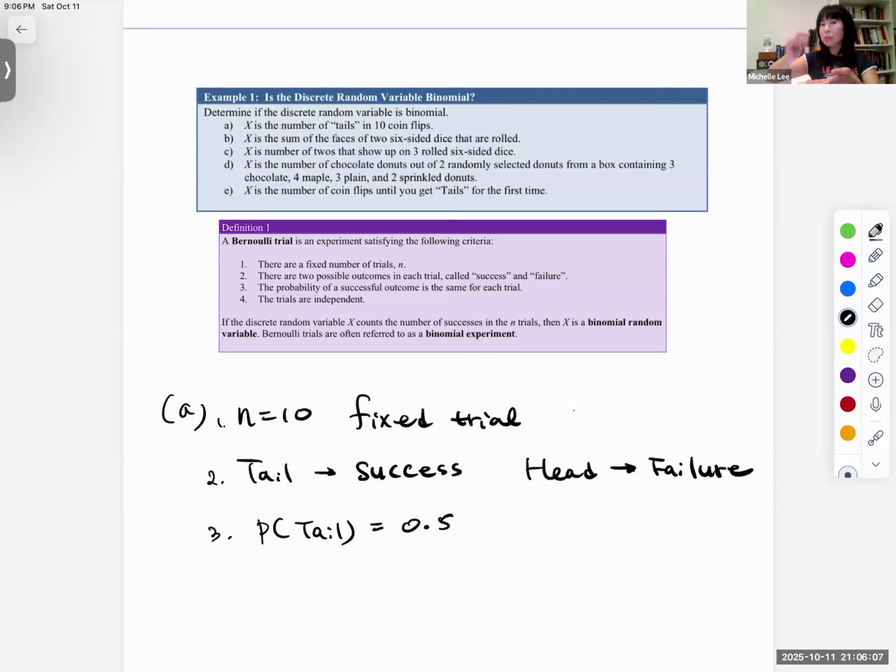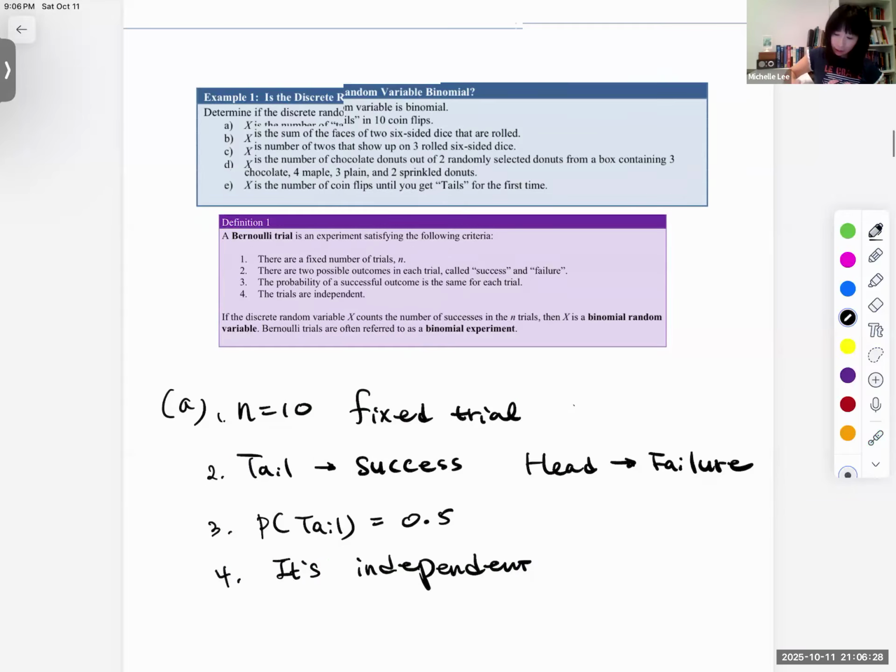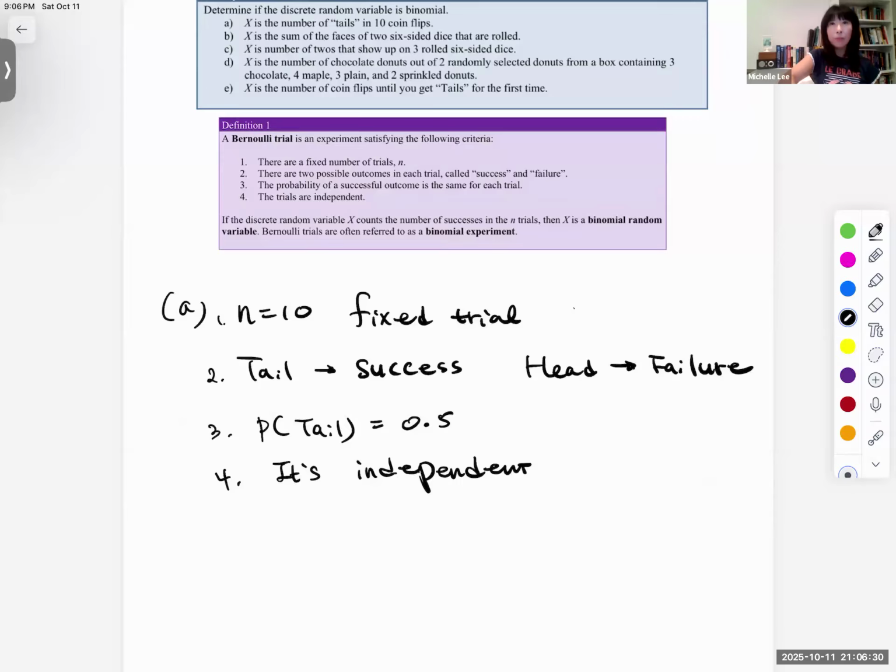Or the second outcome does not affect the third one, right? So number 4, it's independent. So everything is satisfied, Bernoulli trial. Okay, so we say that this is a binomial, right?